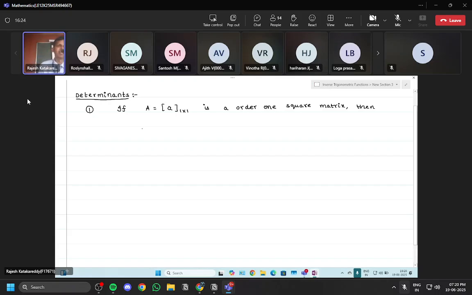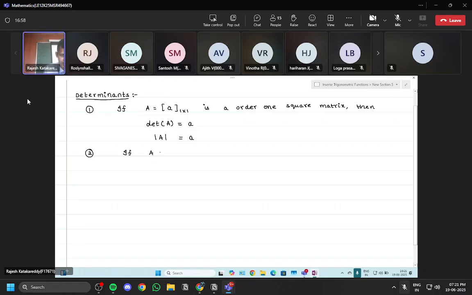Determinant we will denote with modulus of the matrix, or we will write DET. Det of A, or determinant of A, is A itself. This determinant of A we will also write as modulus of A. In this chapter we should read it as determinant of A is equals to small a. Clear? If it is a 1 by 1 first order square matrix, determinant is the element itself, right?